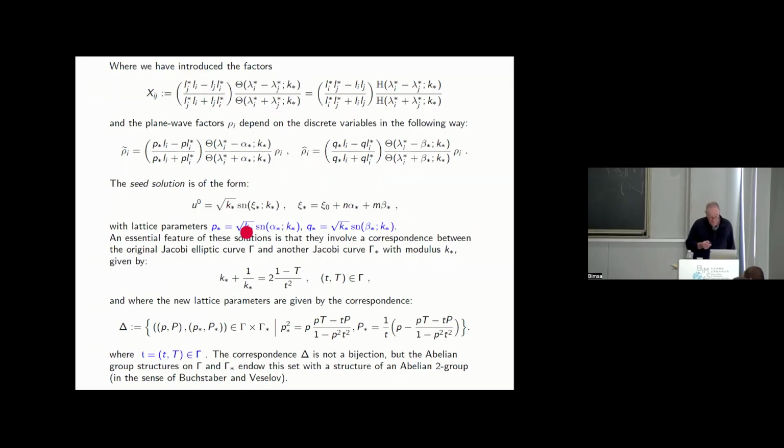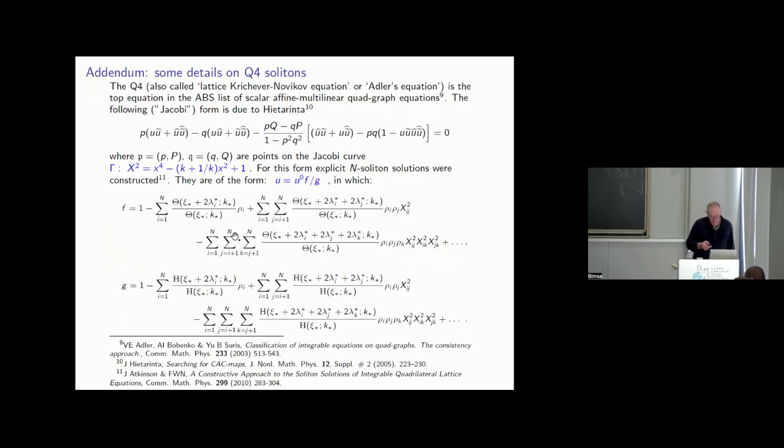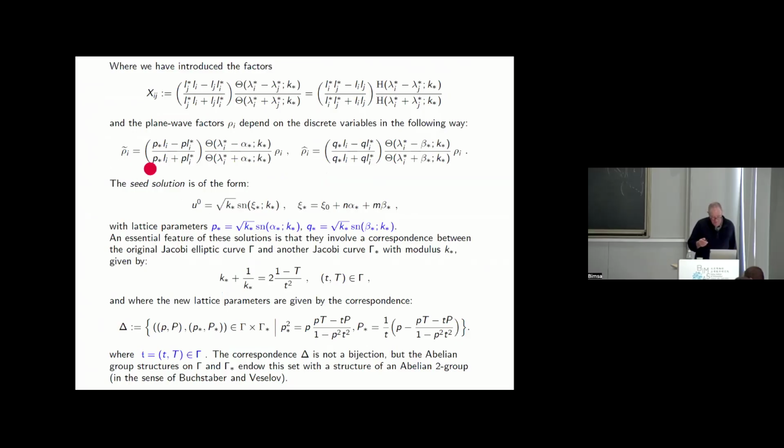We have the original curve of the equation, which is this one, with a modulus k, and then we have the curve of the seed solution, which is this solution here, with modulus k star. And these two curves are related in a very implicit way, namely through this relation.